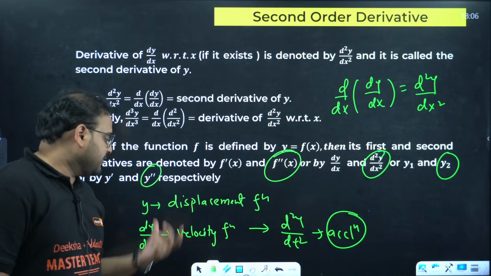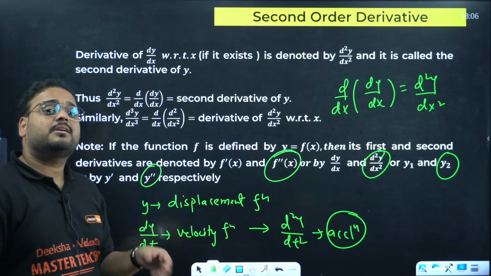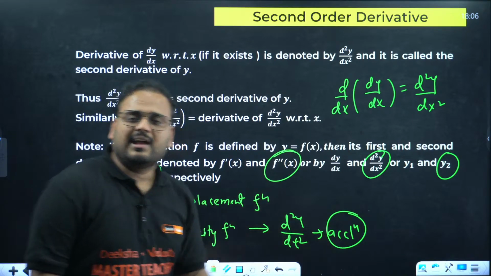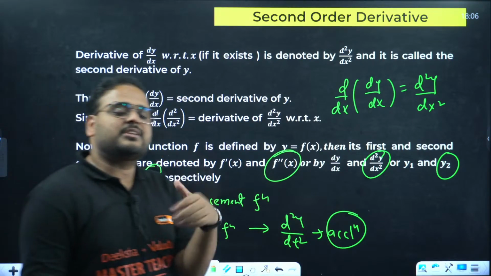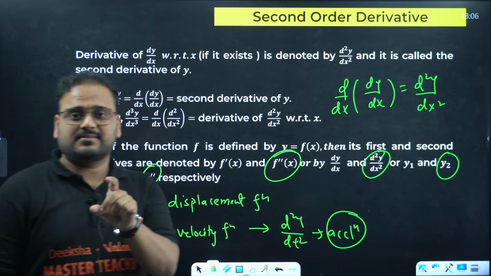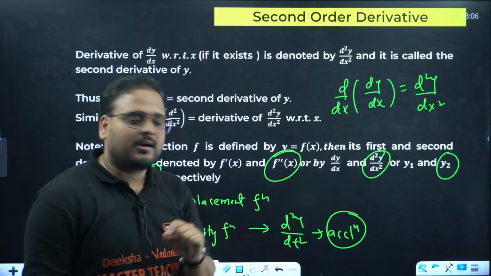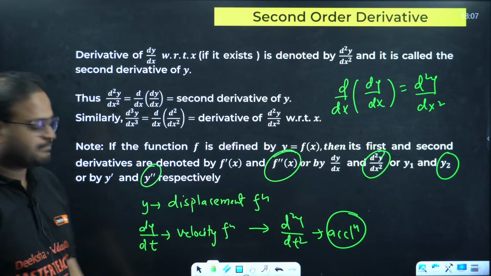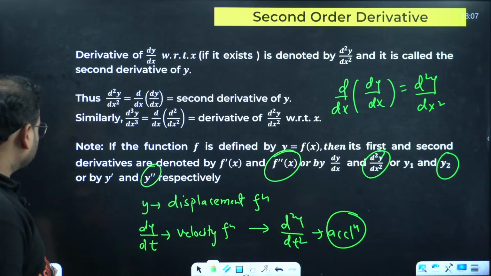Velocity. Differentiate velocity also one more time. What does it mean? Rate of change of velocity is called as acceleration. And what is derivative? Derivative is nothing but rate of change. What type of rate of change? Instantaneous, at that instance. So second derivative is basically derivative of the first derivative. Let's look at a question on that.